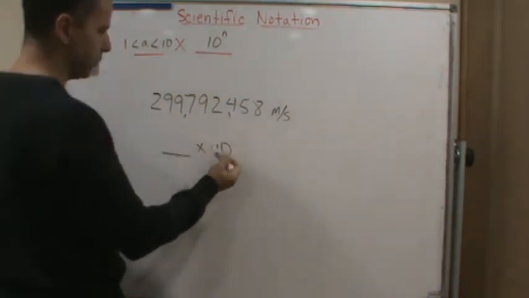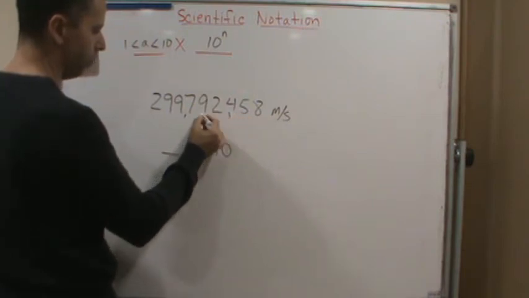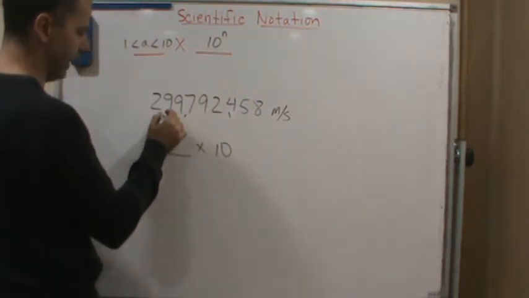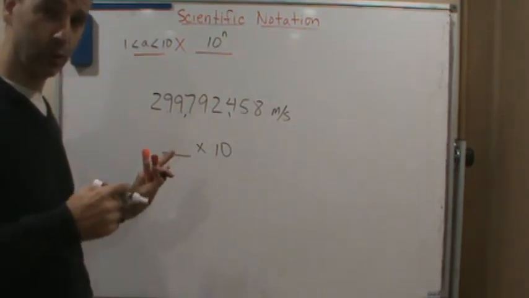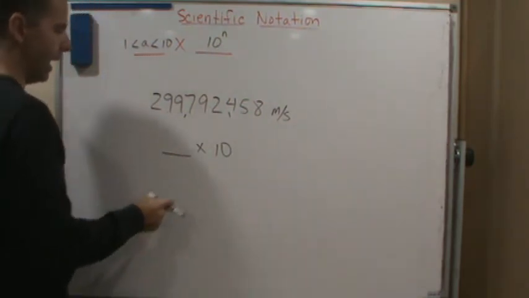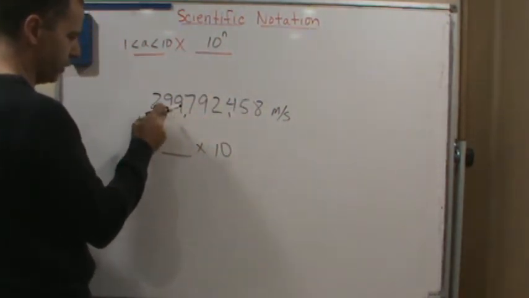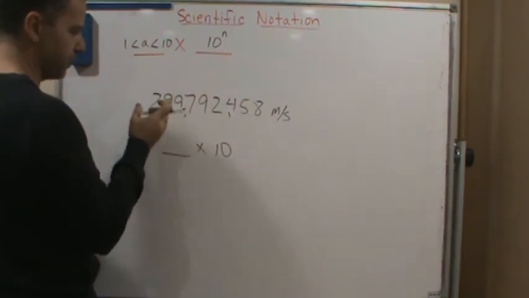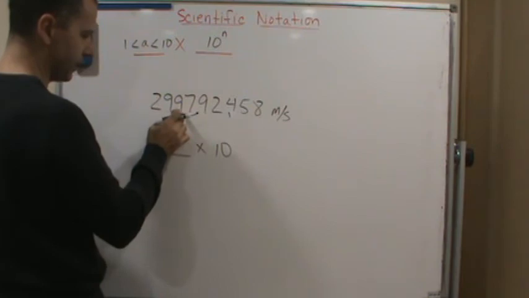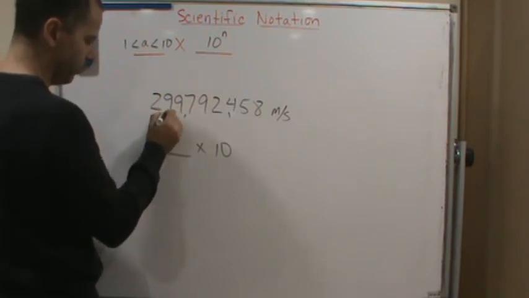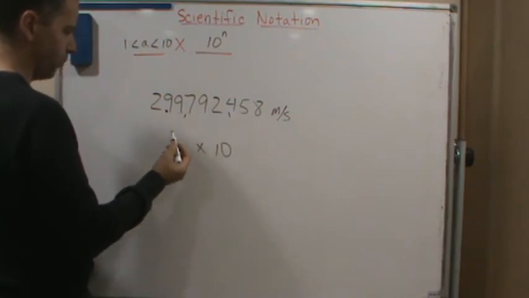How many decimal places would I have to go? 1, 2, 3, 4, 5, 6, 7, 8. Why am I doing that? Because I need to write this as a number between 1 and 10. So I'm thinking, how many decimal places do I need to move over to make it a number between 1 and 10? I go 1, 2, 3, 4, 5, 6, 7, 8.